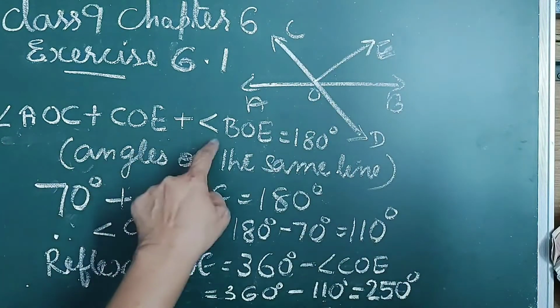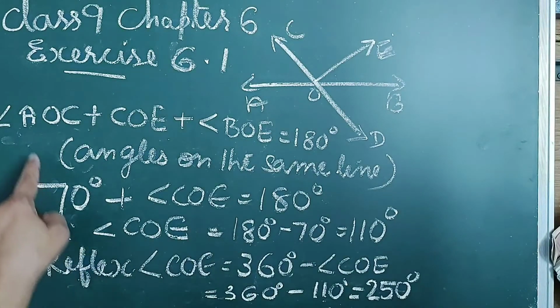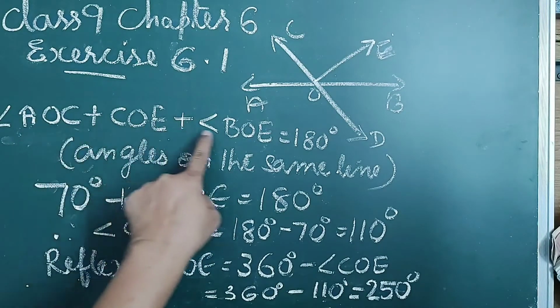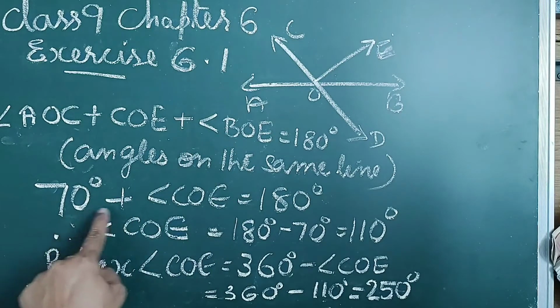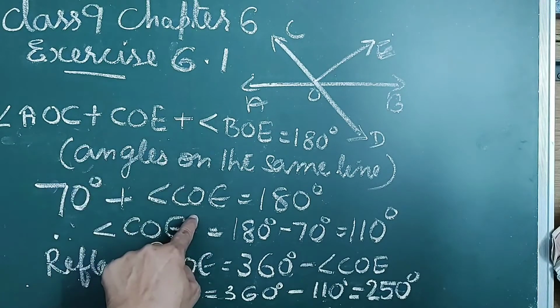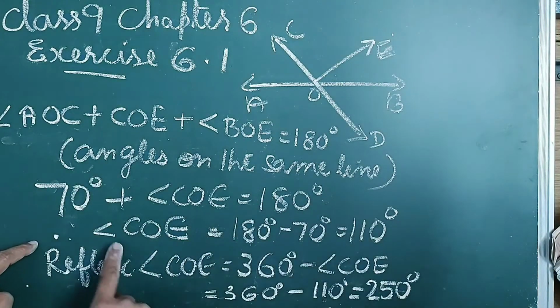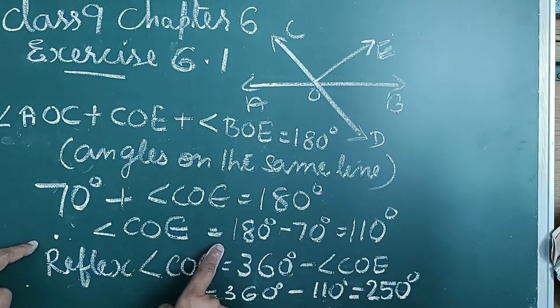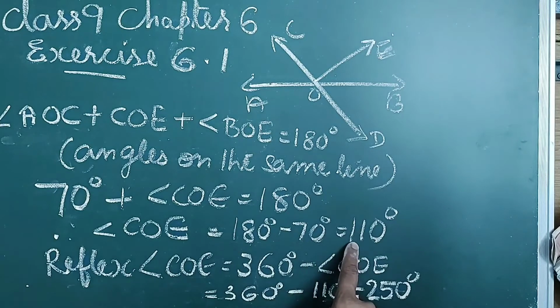So, their sum is equal to 180 degree. Now, it is given angle AOC plus angle BOE equal to 70 degree. So, 70 plus angle COE equal to 180 degree. That is, angle COE equal to 180 degree minus 70 degree. That's equal to 110 degree.